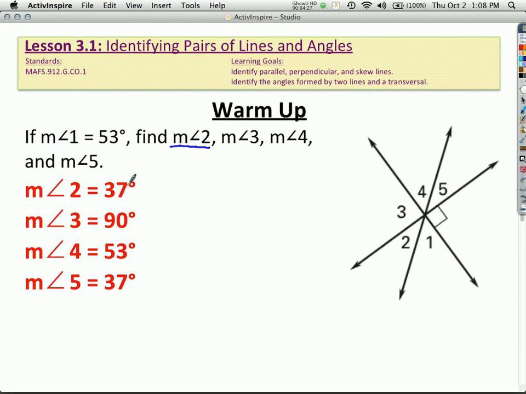Could you? The angle addition postulate. The angle addition postulate, and you would use it how? Okay.